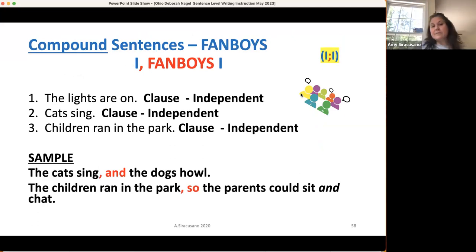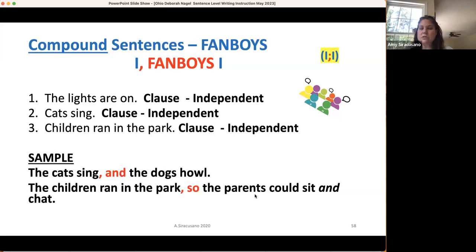And again, that's something that a lot of us educators don't know. We may do it in our writing, but we rely on spell check and computers to correct it for us with the correct punctuation. So it is something that we need to be aware of.